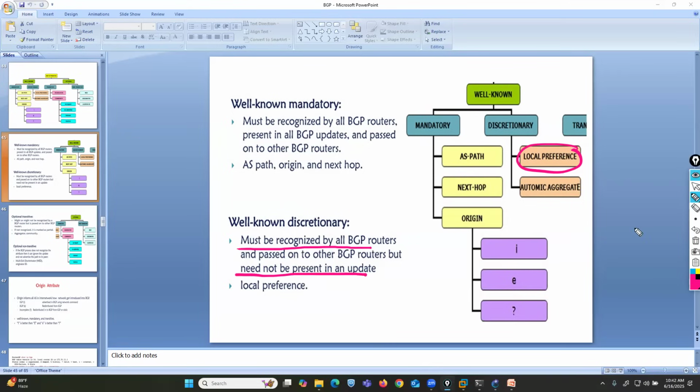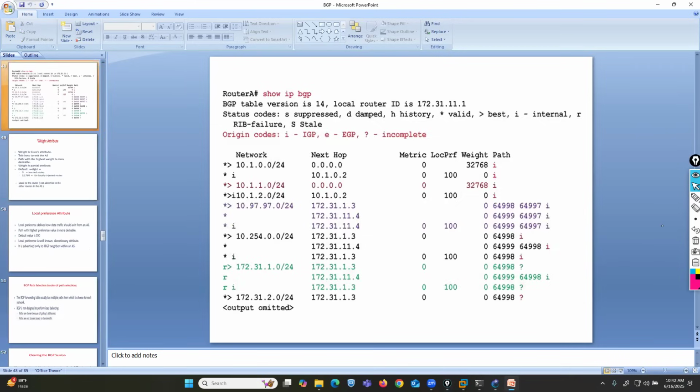It's not compulsory, not required. The example is local preference.